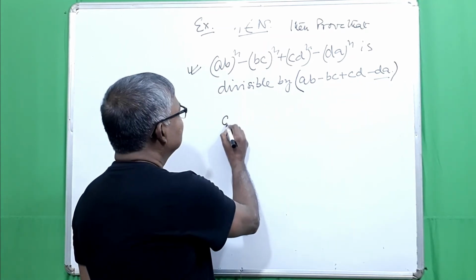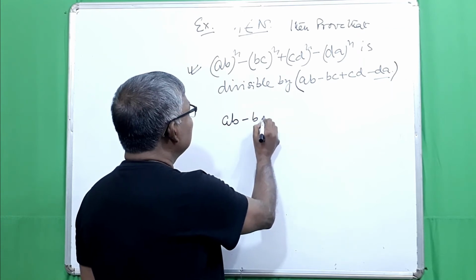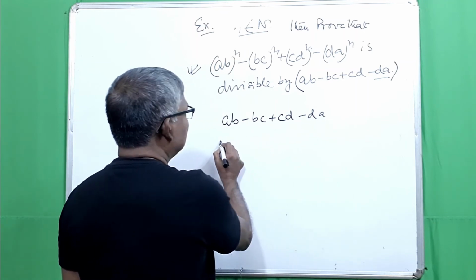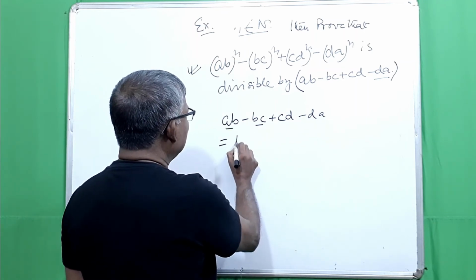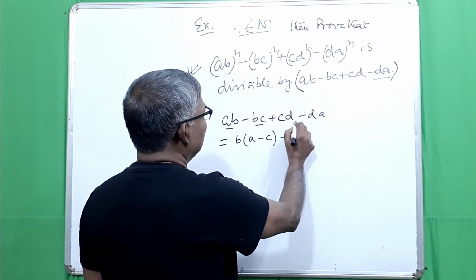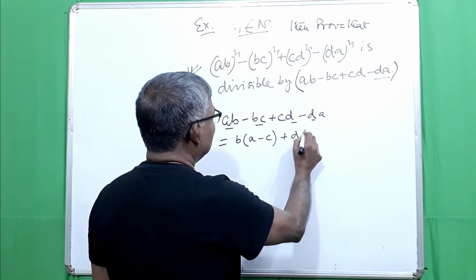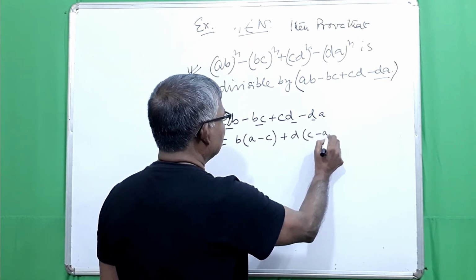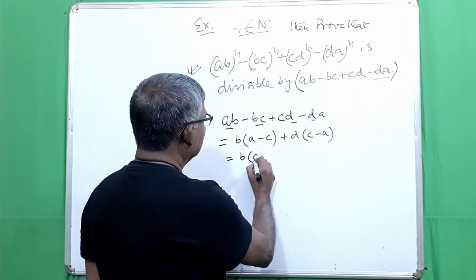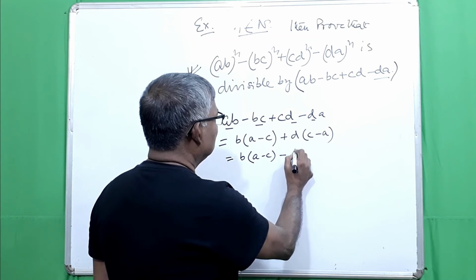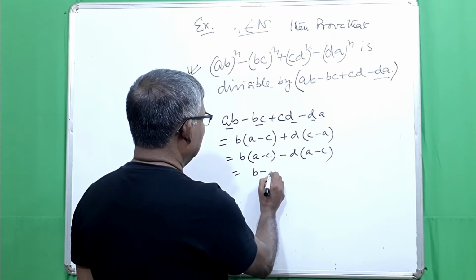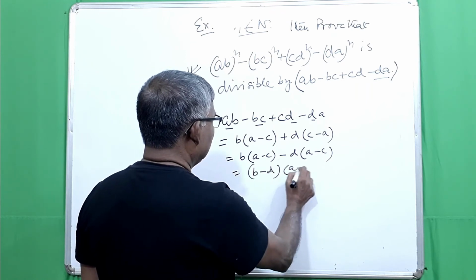Given that ab minus bc plus cd minus da, here we can take b common, that is a minus c, plus here we can take d common, that is c minus a. So we can write b into (a minus c) minus d into (a minus c), that is (b minus d) into (a minus c).